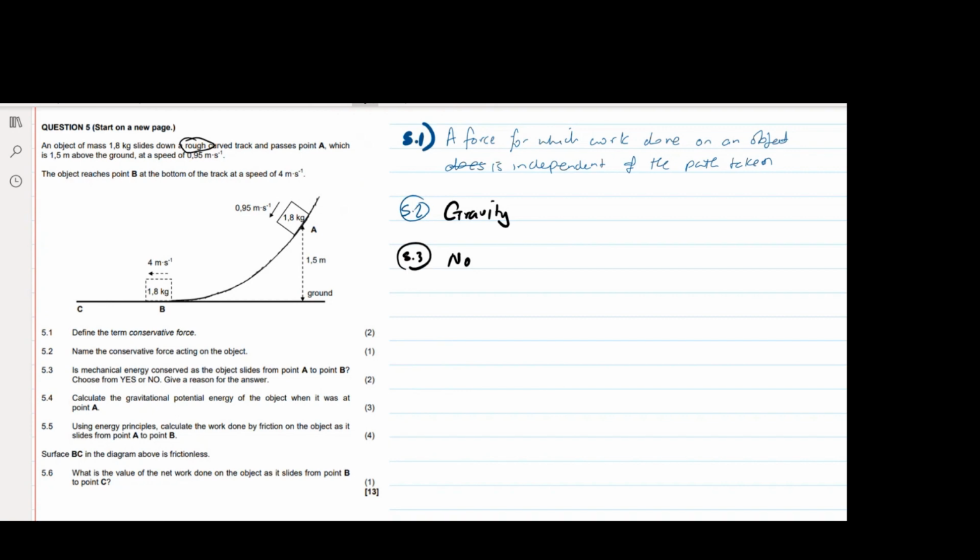Then 5.4: calculate the gravitational potential energy of the object when it reaches point A. Gravitational potential energy EP is equal to mgh. So we take the mass of the object, 1.8, multiplied by 9.8 and the height above the ground, which is 1.5.